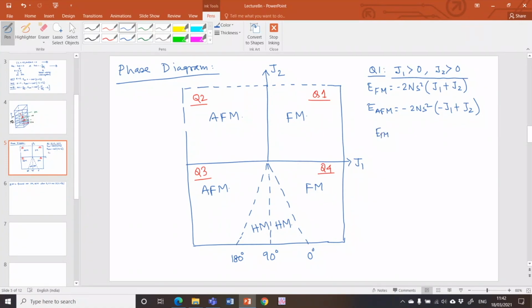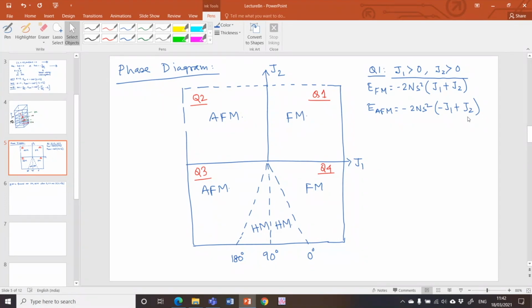EFM will basically stay the same. So here J1 and J2 both are greater than 0. For the FM state, we have J1 plus J2 in the bracket, and for the AFM state, we have J2 minus J1.